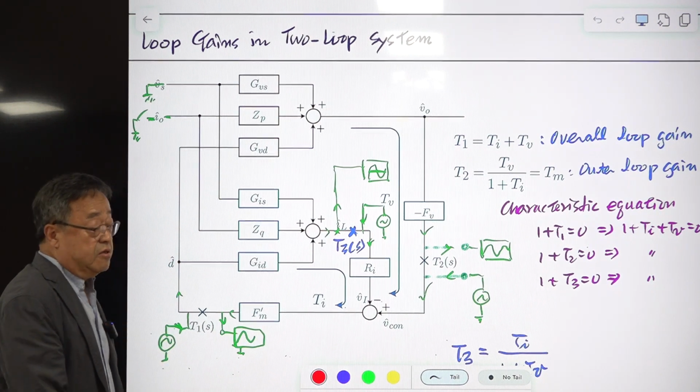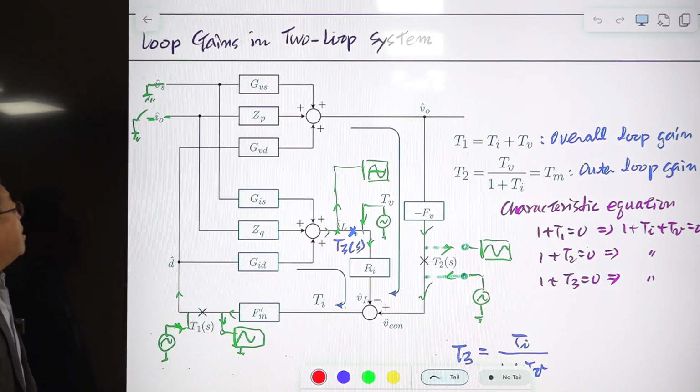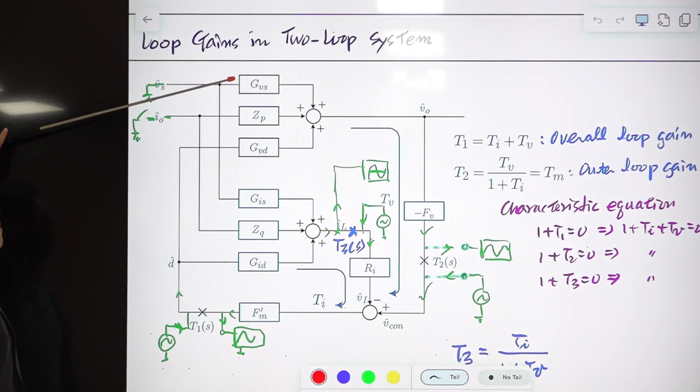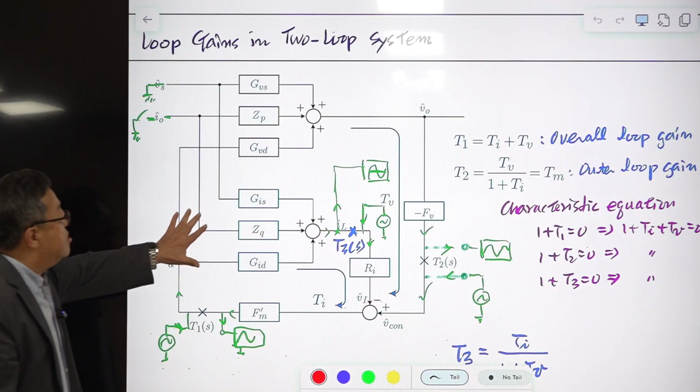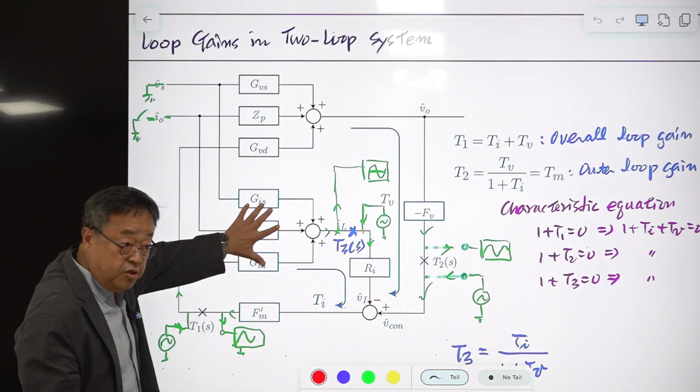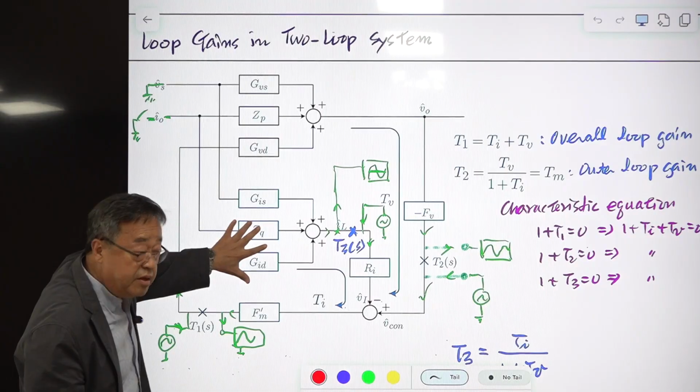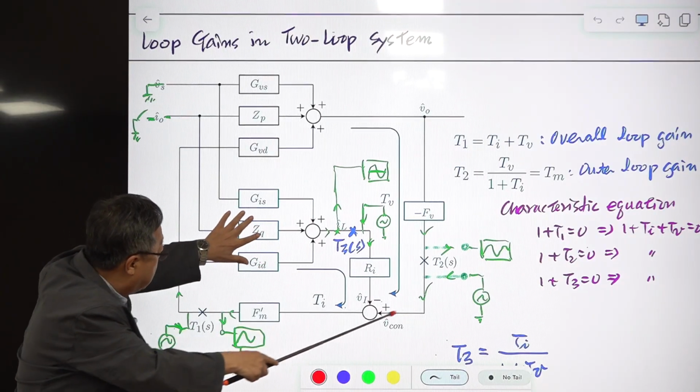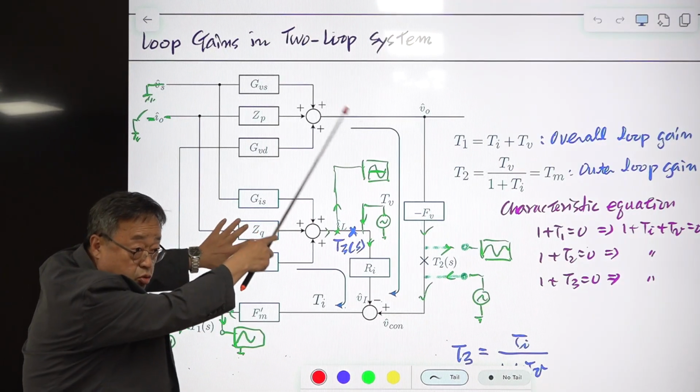Okay, in this lecture slide, I'd like to discuss the loop gain of the feedback system. In the undergraduate course, they only talk about the single loop feedback system. For example, if this current mode control is not present, then this part is gone. Then this is the single feedback system, voltage mode control.